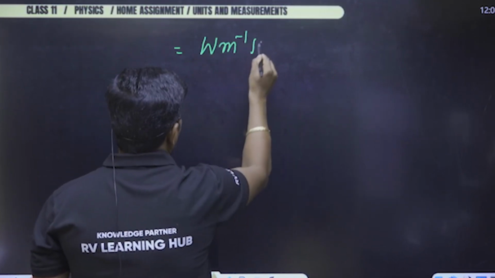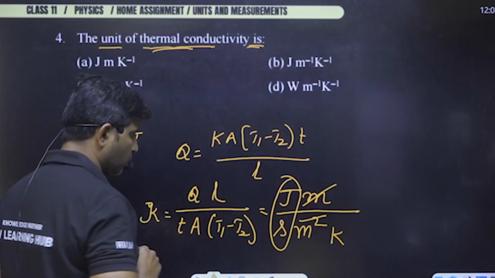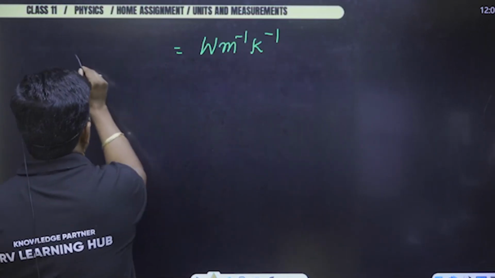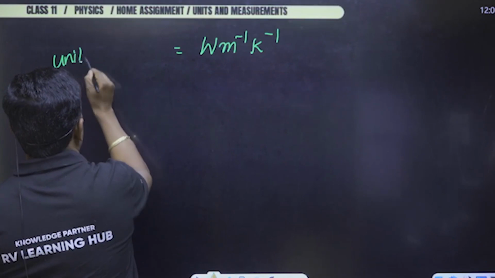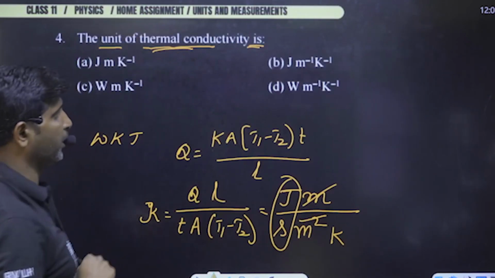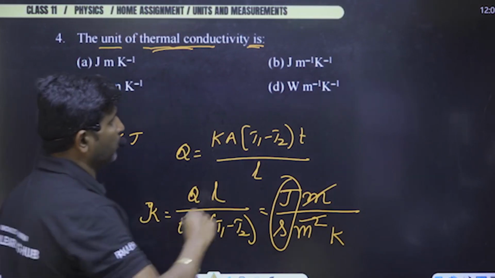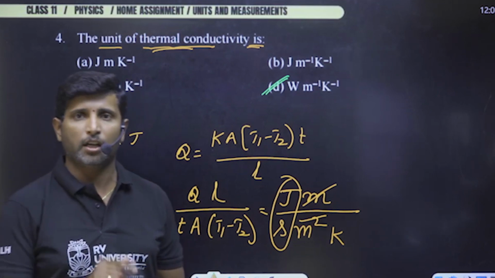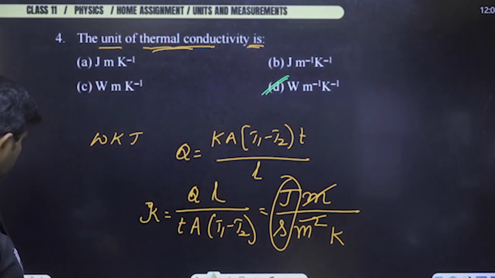So watt per meter per Kelvin is the unit of thermal conductivity. Hence we can select option D as the right answer. Is it clear? So let us understand the next question.